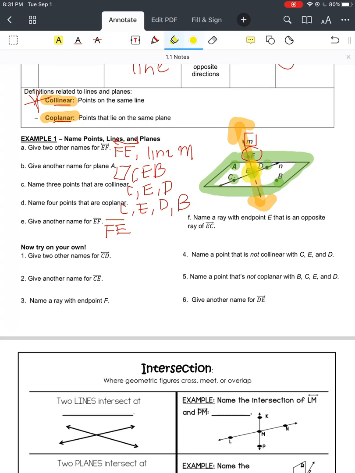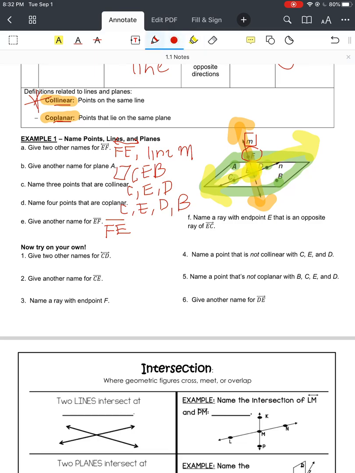E, that is opposite rays of EC. Well, EC kind of goes in this diagonal downward left direction. I know in order for it to be an opposite ray, I have to use the exact same endpoint, so I have to use E and go off in the opposite direction.